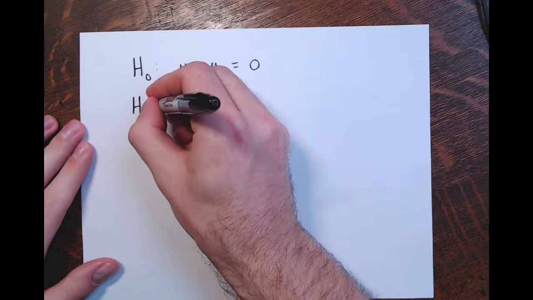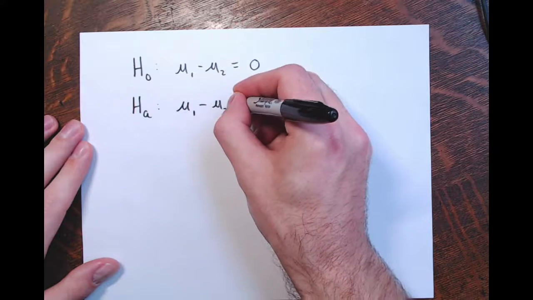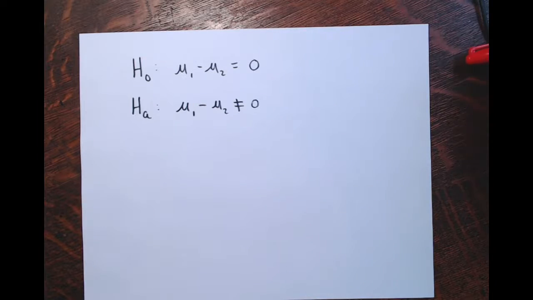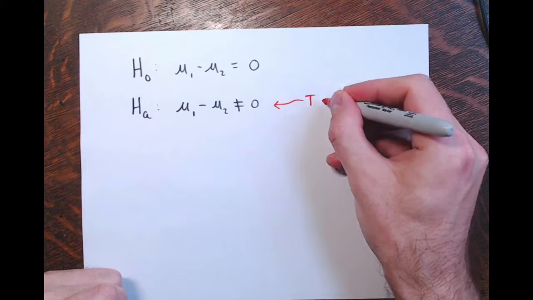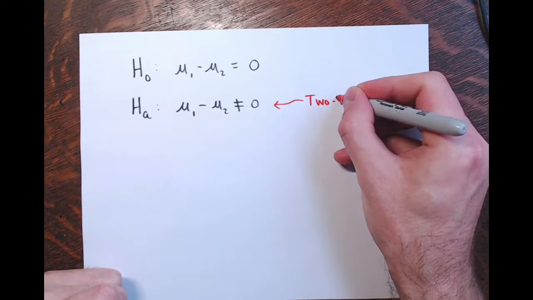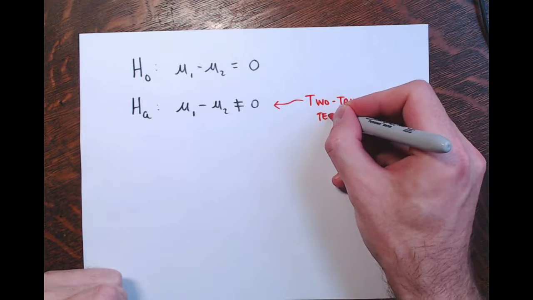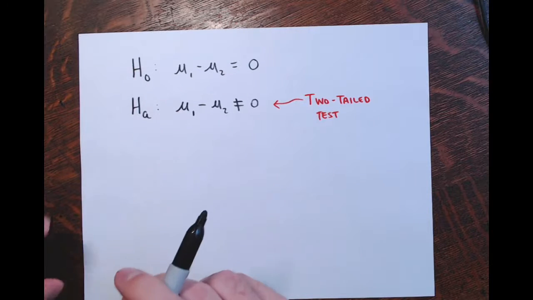The alternative hypothesis was given, that mu1 minus mu2 was not 0. And if that's the alternative hypothesis, then this is a two-tailed test. That will tell us how we're going to need to find the p-value.